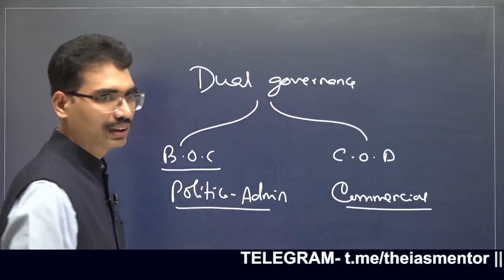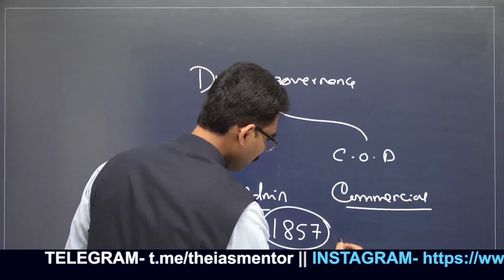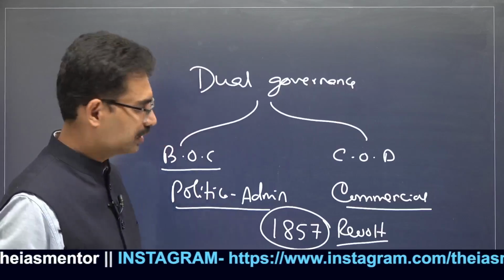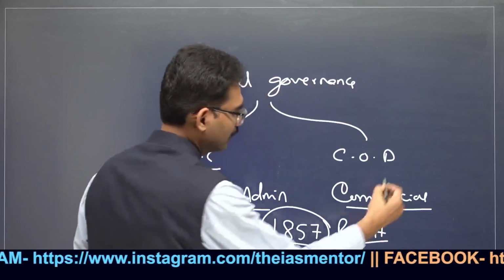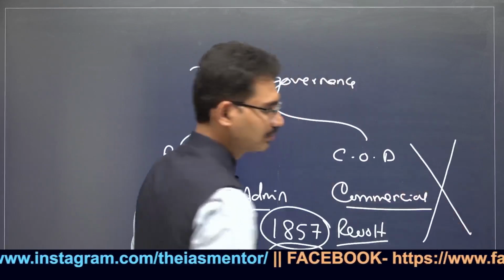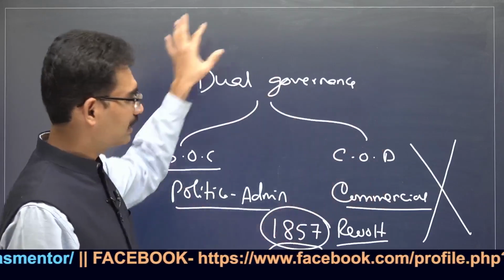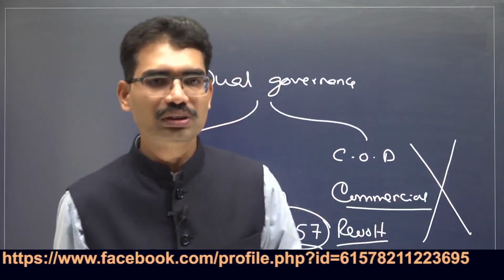So in this way, this system will continue till the 1857 revolt. When the revolt took place, it shook the foundations of the British Empire. In 1858, they decided, let us wind this up. The Indian Empire came directly under the Crown. That's why from 58 onwards, Crown rule starts.